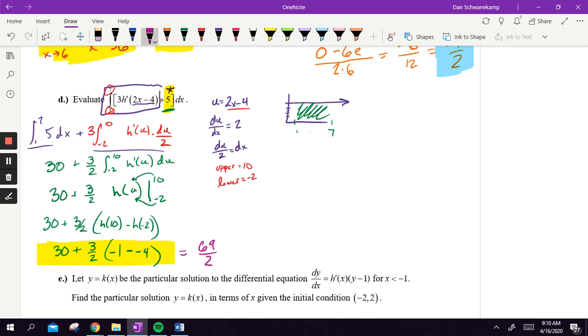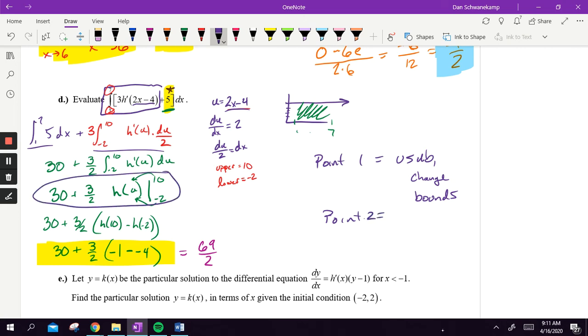Is that a tough question? Yep. Are you great at U-sub? Probably not, but you could do it. Okay. If I'm looking at points here, I would say point 1 is setting up a U-sub. Setting up some sort of U-sub with 2x minus 4 and you changed bounds. Point 2 would actually be getting this guy right here.